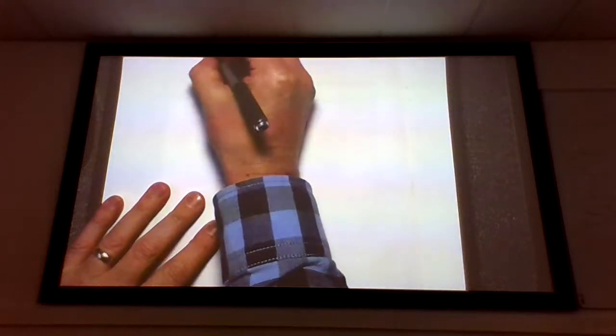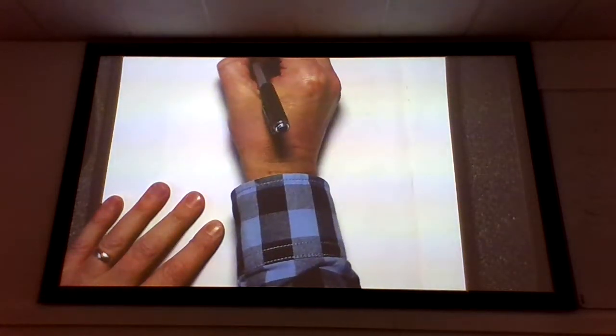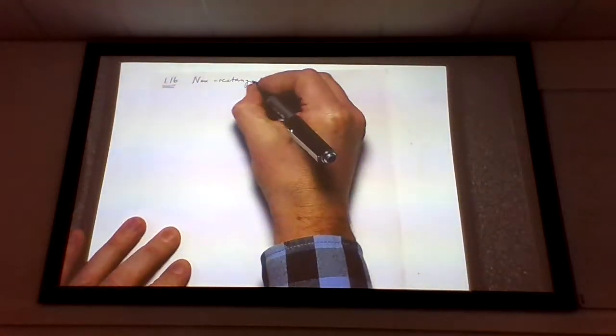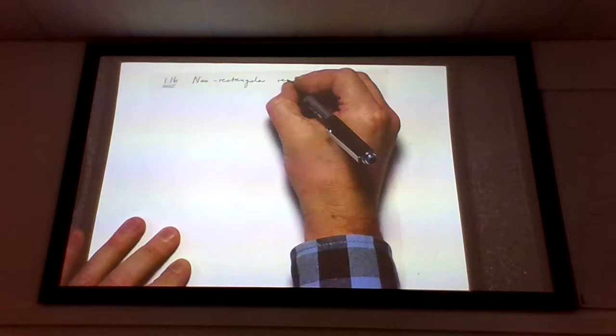So that moves us on to the next section, section 1.16, which is non-rectangular regions. Now we'll just jump into an example and start discussing the example.